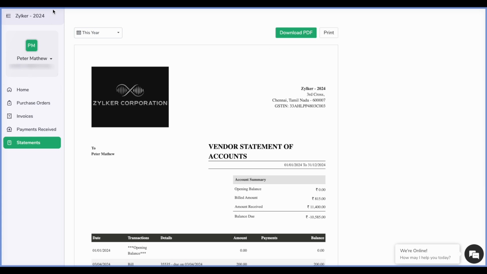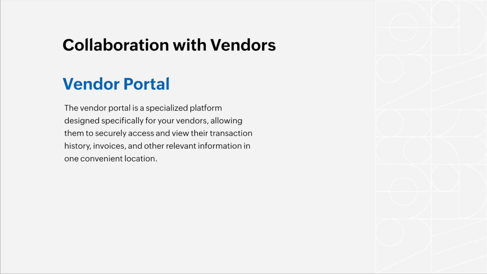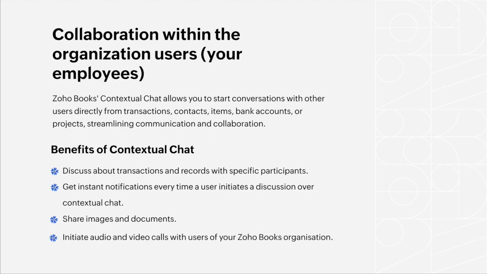So this is about the vendor portal, that is, the collaboration with vendors. Next we will see how to collaborate with your organization users. You would have your employees or your accountant etc. as your organization users, that is, your Zoho Books organization users.